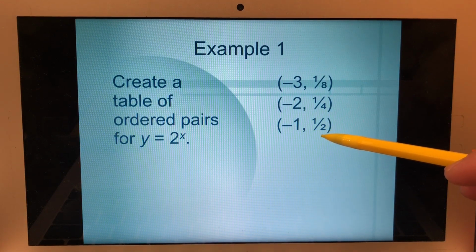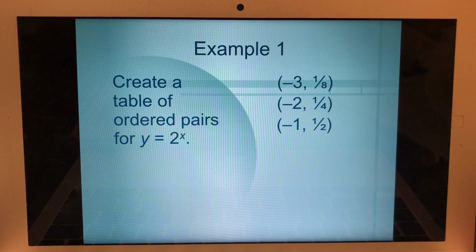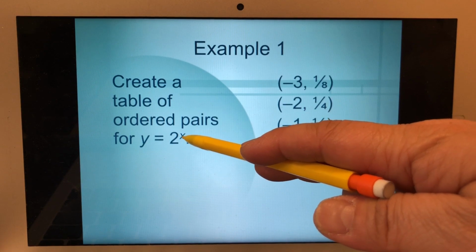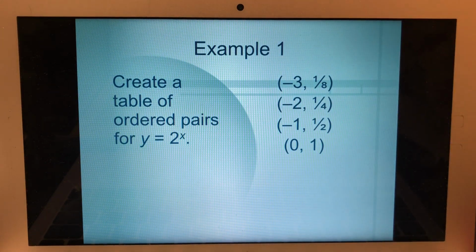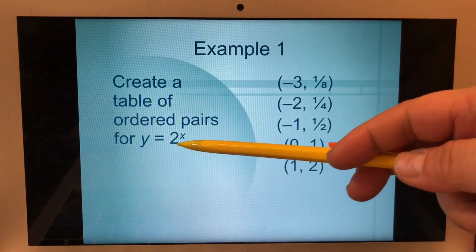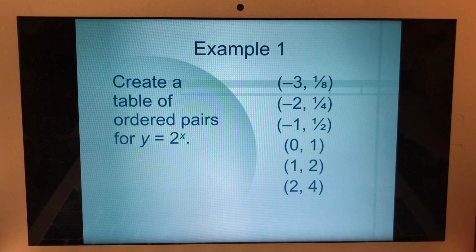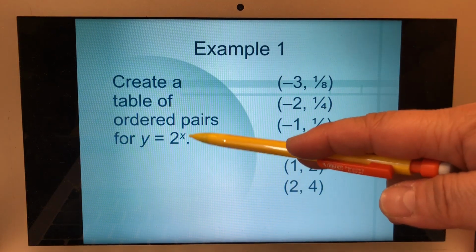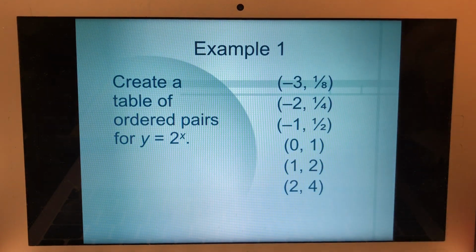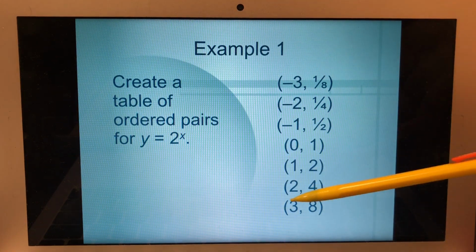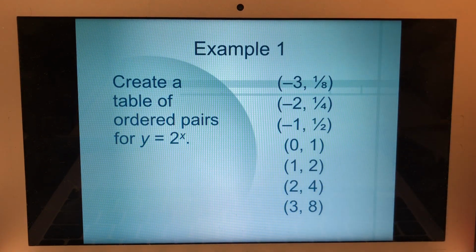That means 1/2, and there's our y. Y equals 1/2. If we had 0, any number raised to the 0 power, remember, gives us 1. Now, for a 1, 2 to the 1st power is 2. 2 squared is going to give us 4. And then 2 to the 3rd power gives us 8.